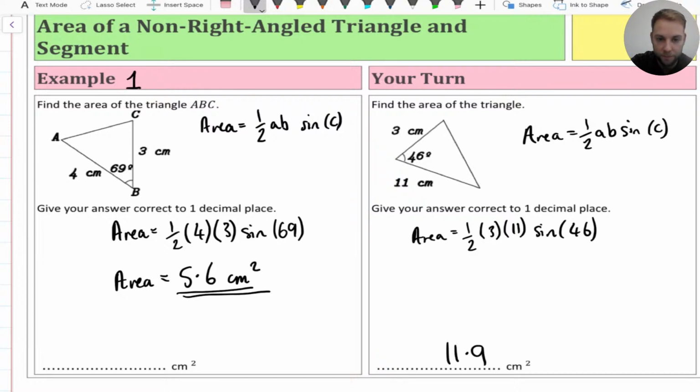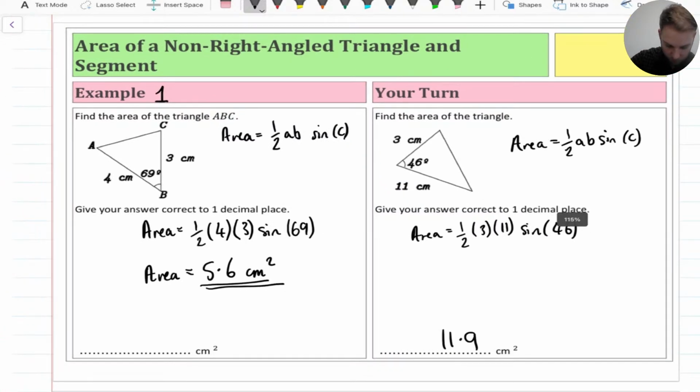Brilliant to everyone who's got that right. Spot on. Super. All right, so let's move on a little.